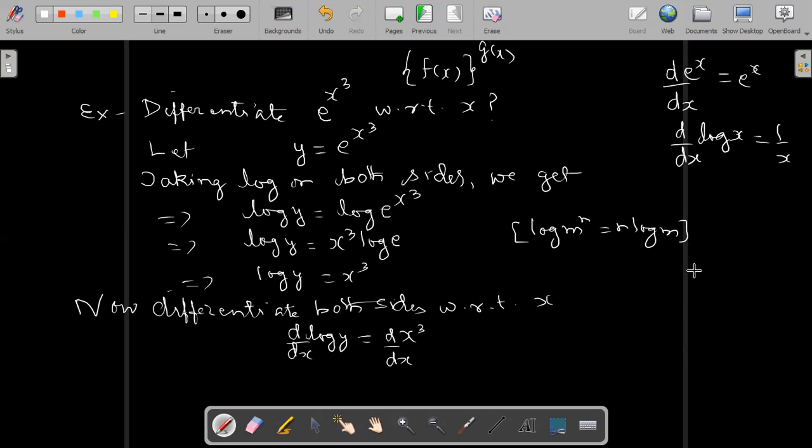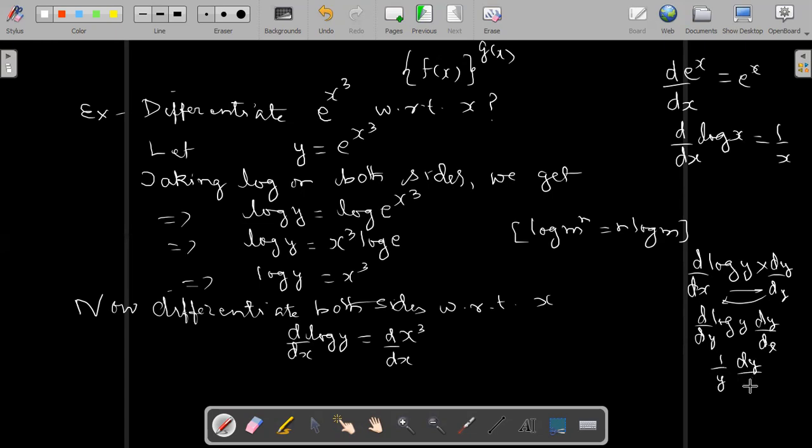As I told you, if you are differentiating with another variable, either you use the direct formula, or you can multiply and divide by dy: d by dy of log y into dy by dx. Now we can differentiate log y. So the answer will be 1 by y into dy by dx, as per the direct chain rule.